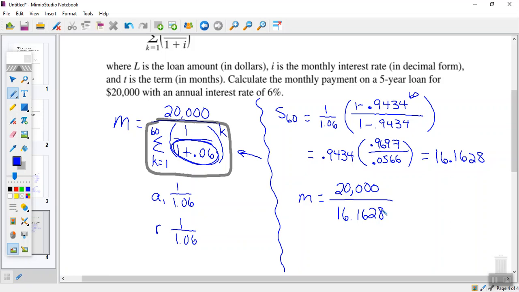Actually, I think we put the wrong number in for i, because it should be monthly instead of annually. I think you're right. Yep, 6%. That's a good catch. That should be 0.06 over something.